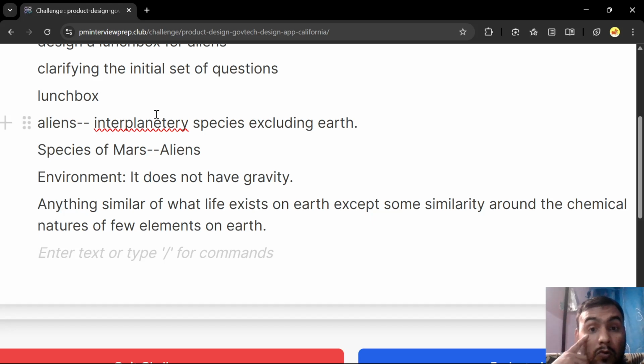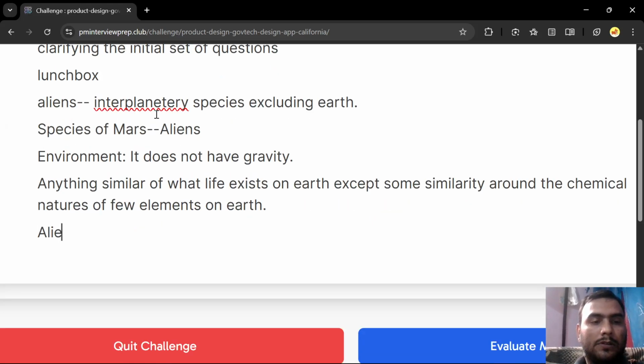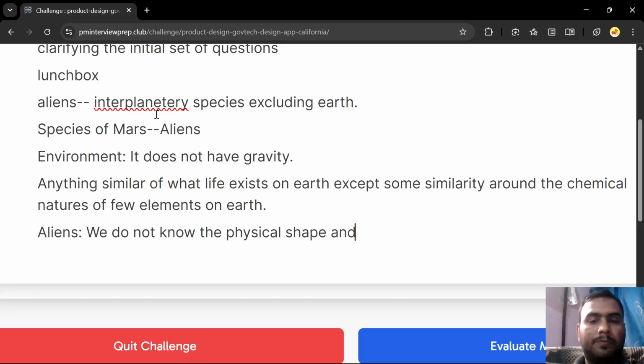Also, now moving on to the alien part. We do not know the physical shape and size of the species.